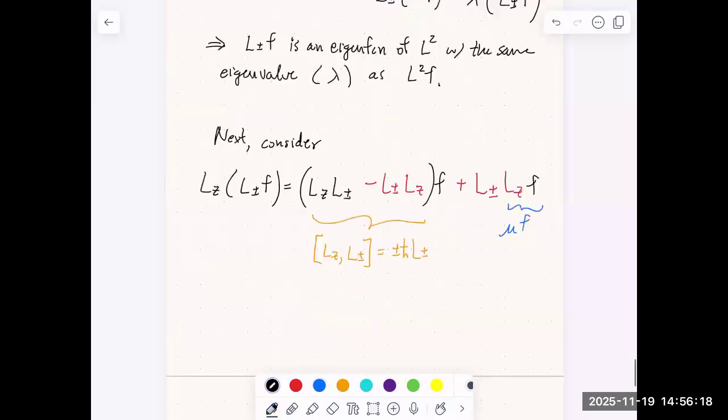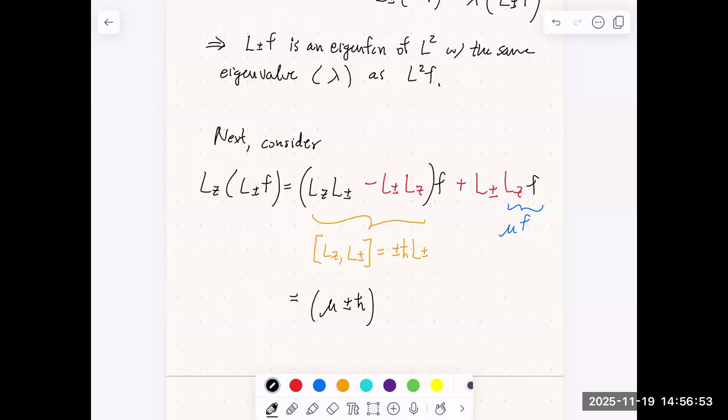Okay. So what do we have here? We have plus minus h bar L plus minus acting on f. Okay. So this is a mu, and then we have plus minus h bar, and both terms still have L plus minus on f.